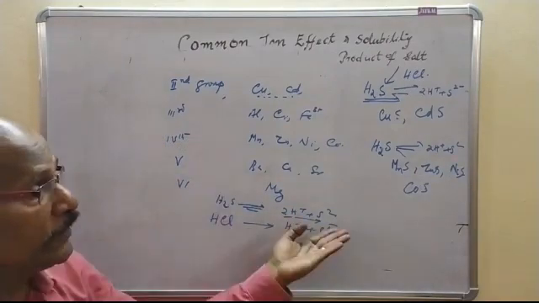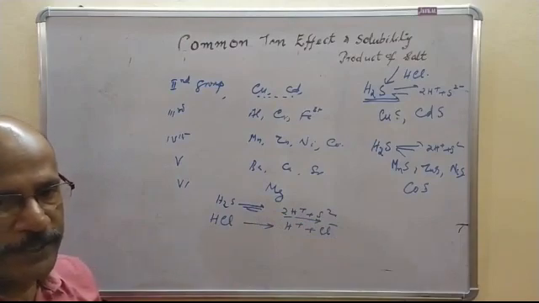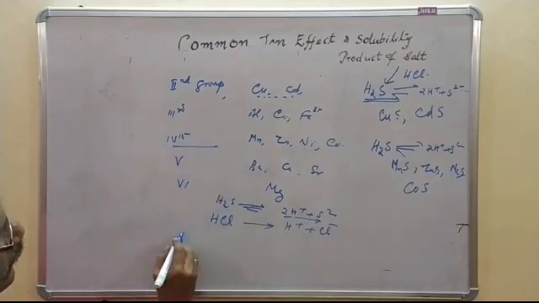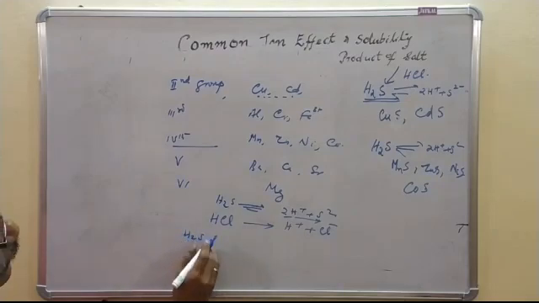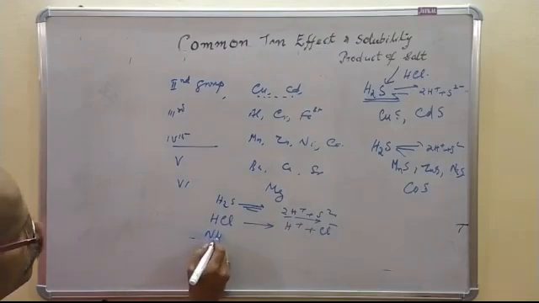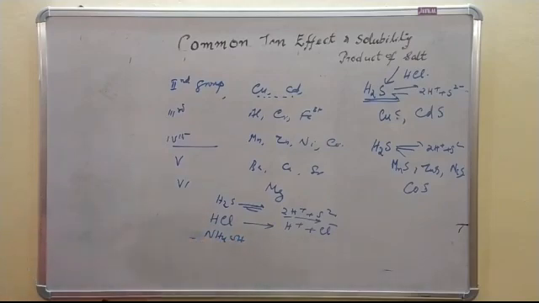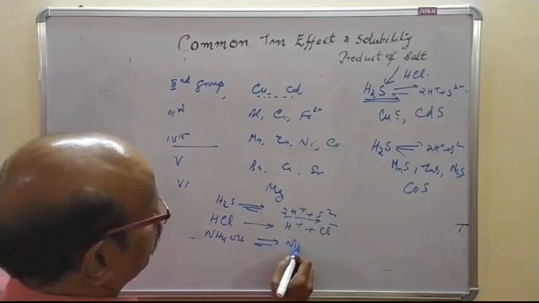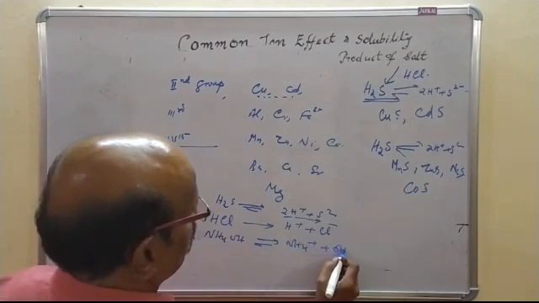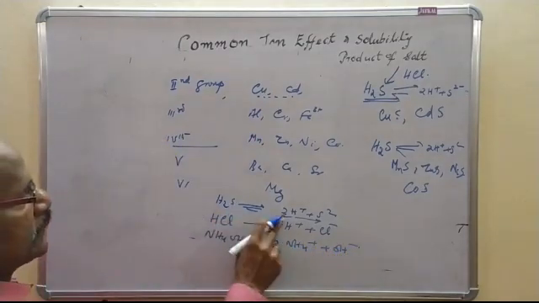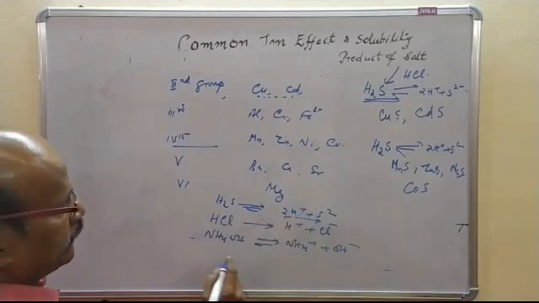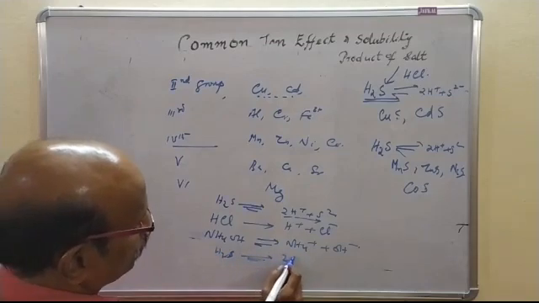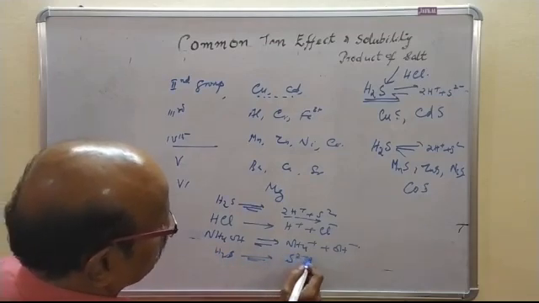For the fourth group, we have to supply more S2 minus, that is sulfide ion. That is actually done in basic solution. We pass hydrogen sulfide in the presence of ammonium hydroxide. Ammonium hydroxide furnishes ammonium ion and hydroxide ion, and hydrogen sulfide ionizes to give 2H plus and S2 minus.